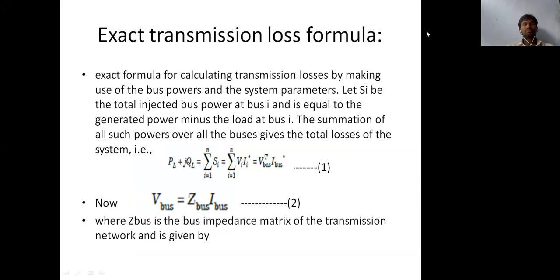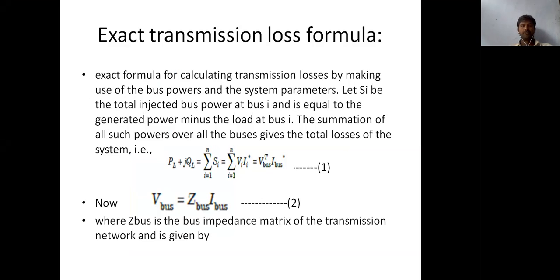In this video, we derive the exact transmission line losses formula. In the last video, we derived the transmission line losses formula by using the coefficient method.